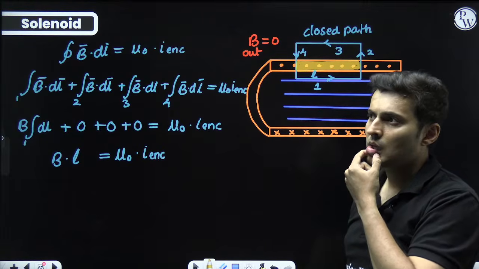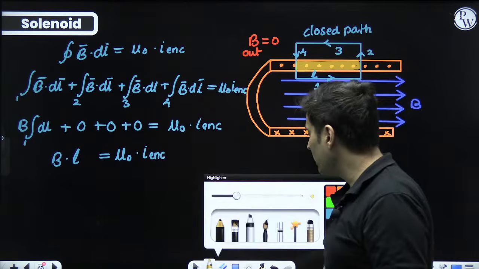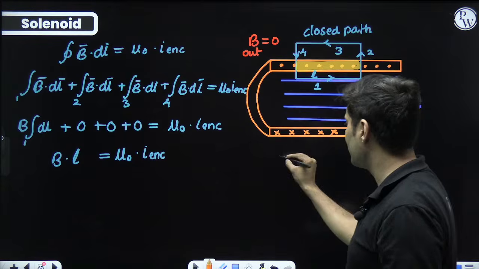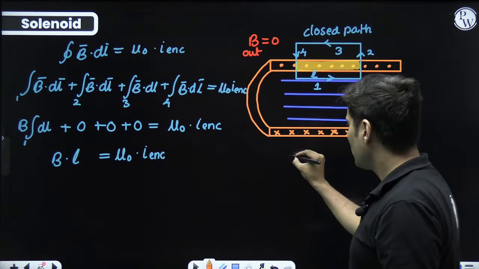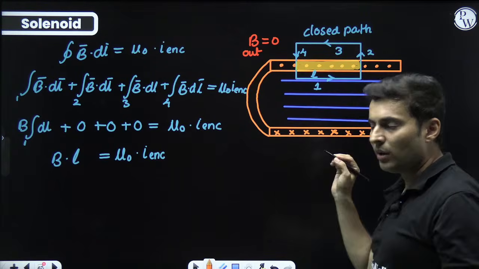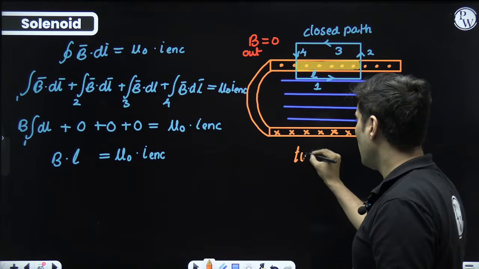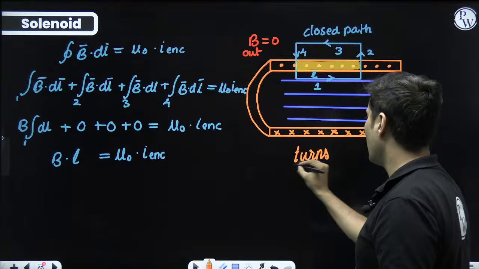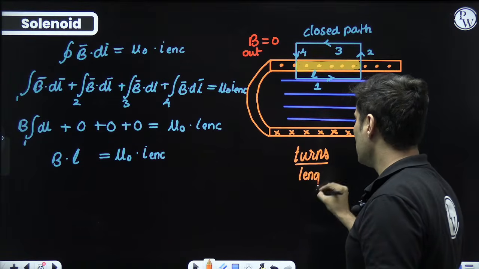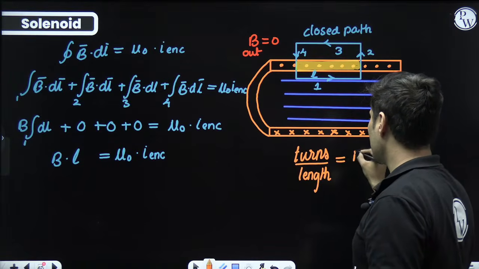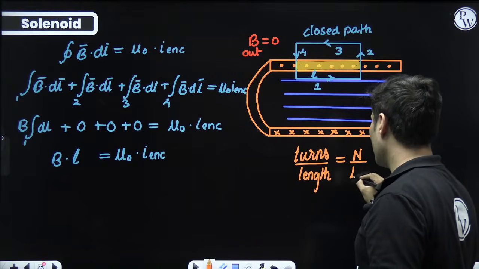So how much will this current be? There will be some wires, and each wire is carrying current I. So I will be there some number of times, right? What if I already knew a term called the number of turns per unit length, which is total turns by total length?